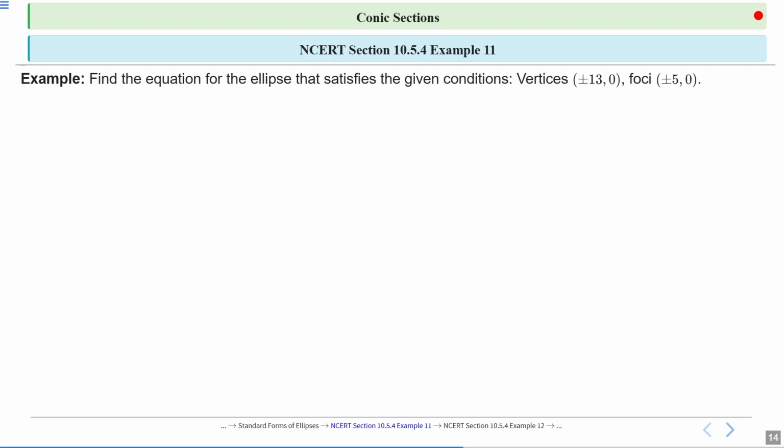Students, first of all, try it yourself. You have 1 minute to try to solve this example, and after that we will solve it.